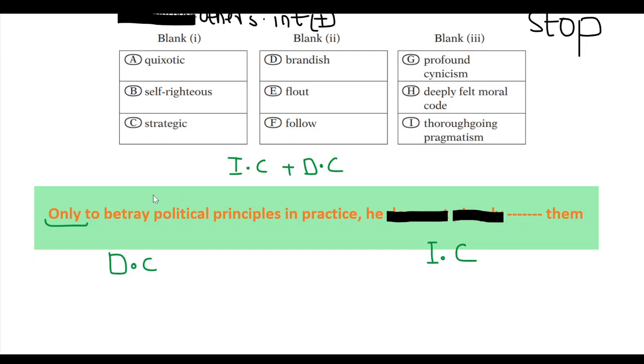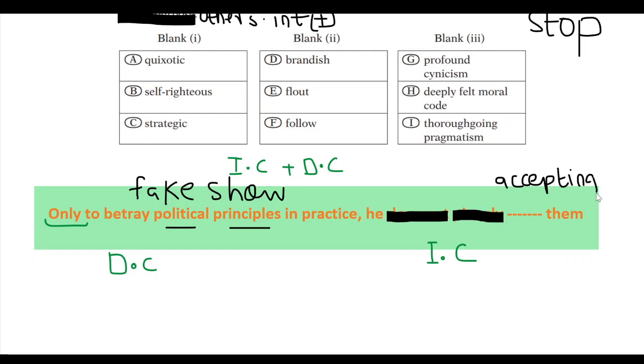This tells me that there's a fake show of these political principles. And if he just wants to give a fake show, he's probably accepting them. This seems to work over here.